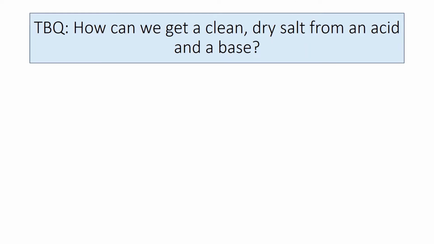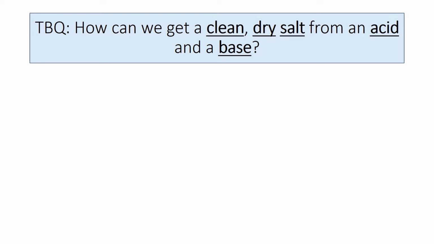So the big question for today's lesson is: how can we get a clean, dry salt from an acid and from a base? I'd like you to pause here for a moment, have a think about the key terms from this big question, write it out in your exercise book and underline the key things. I'll pick up where you left off once you've done that.